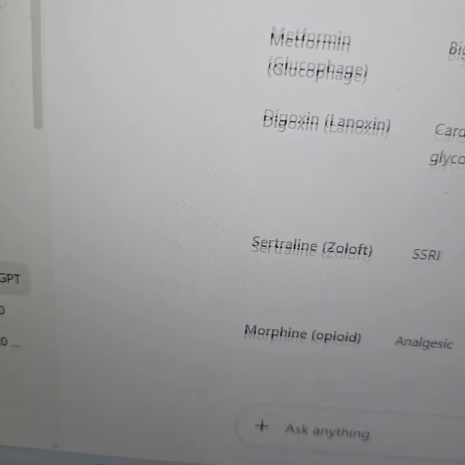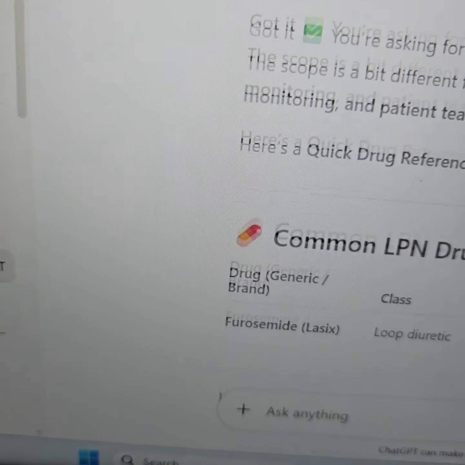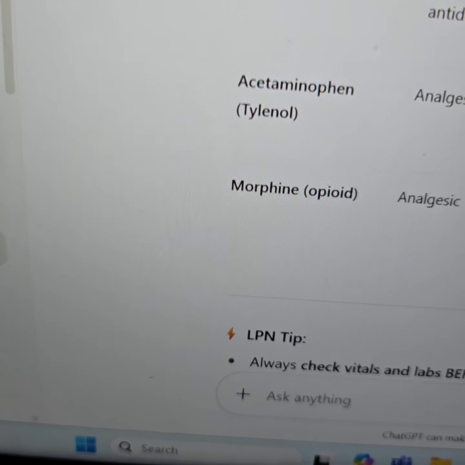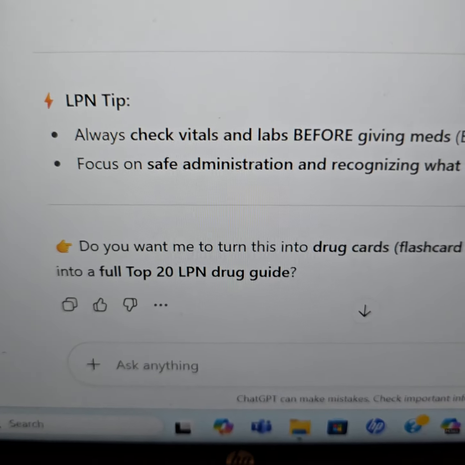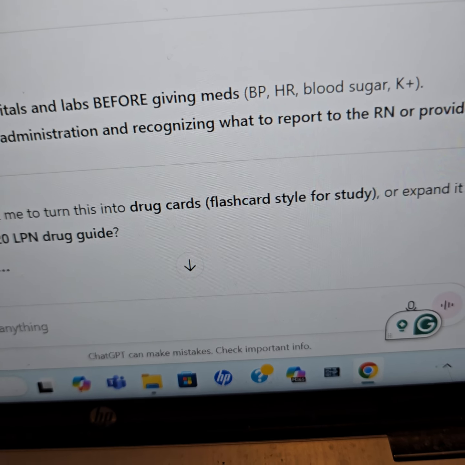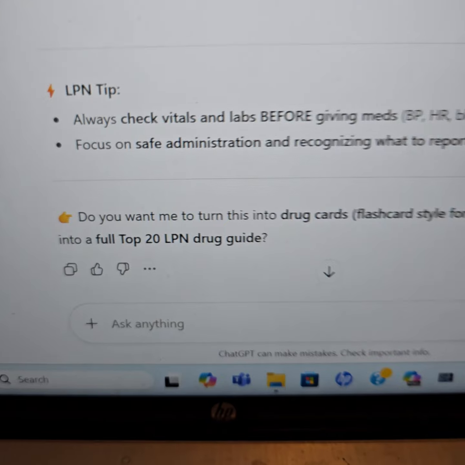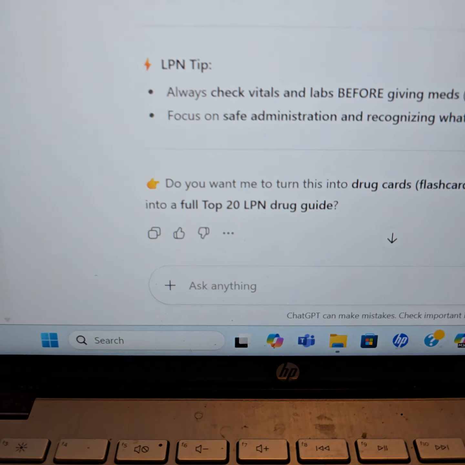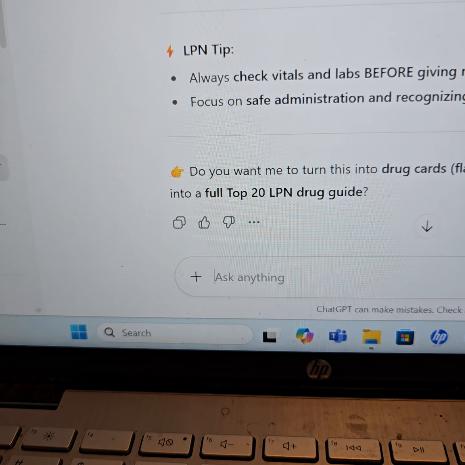If you notice, the RN has tons of drugs in here, and the LPN just has maybe a few, but still, right? And it gives you a tip: always check vitals and labs before giving meds, BP, heart rate, blood sugar, and all of that, right? So basically you have all of this, and this is just all pharmacology.